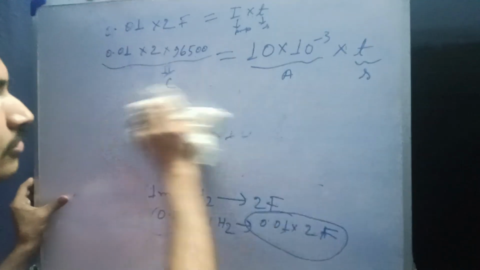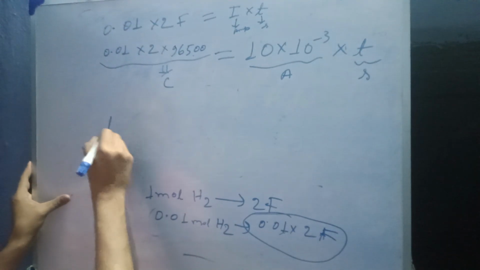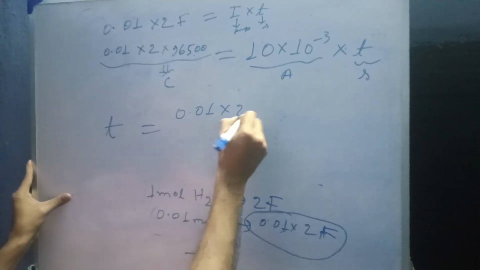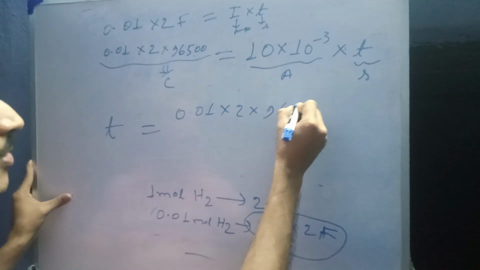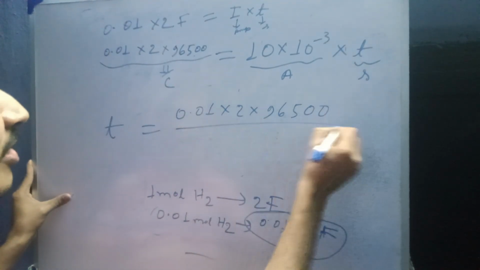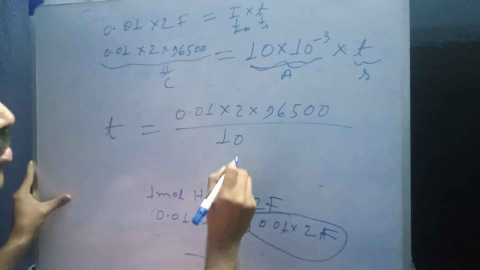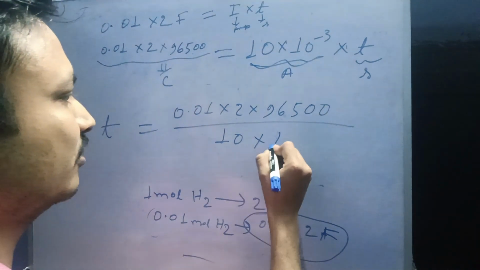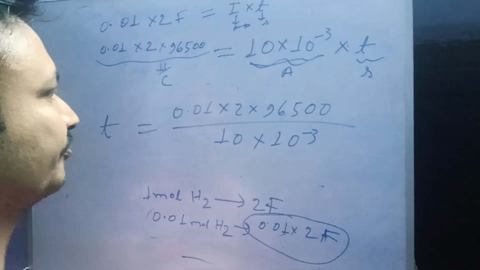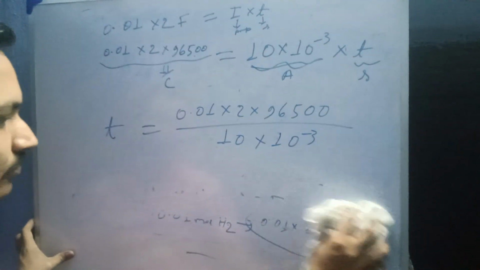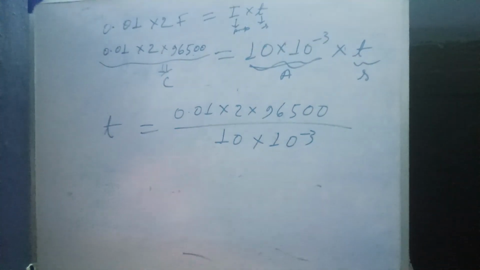So here we can just solve that T is equal to 0.01 into 2 into 96500 divided by 10 into 10 to the power minus 3 second.